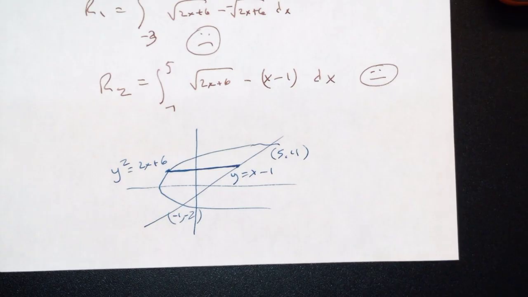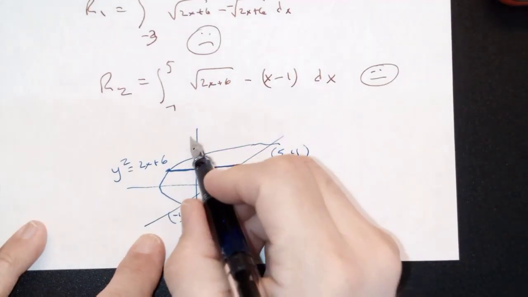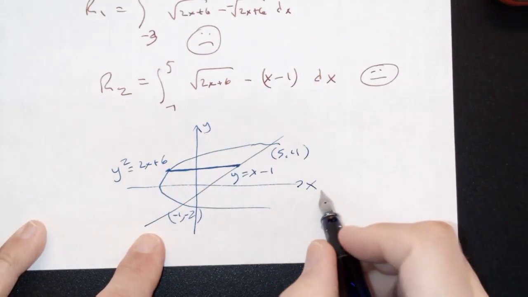Wait a minute. That means my width is a little bit going up and down. That's not dx anymore. That's dy. Because this is still the y-axis, and this is still the x-axis.